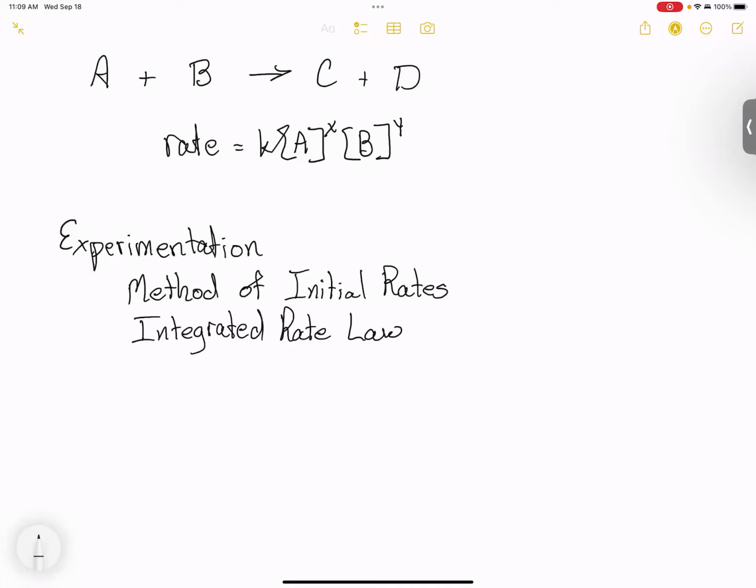And once we know the order for our reactants, then we can write the official rate law. Then we can determine the overall order and know how many of each molecule are reacting to form the products. So we are going to do the method of initial rates today, and then on Monday, we will do integrated rate laws.